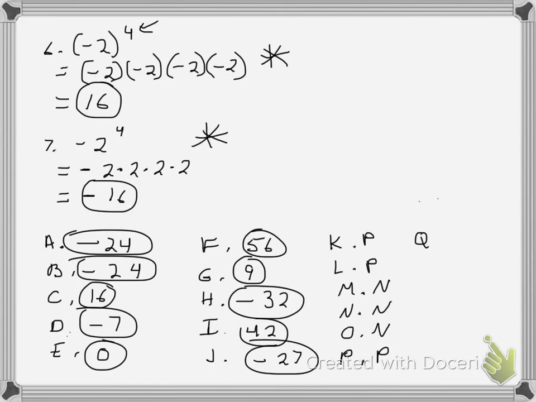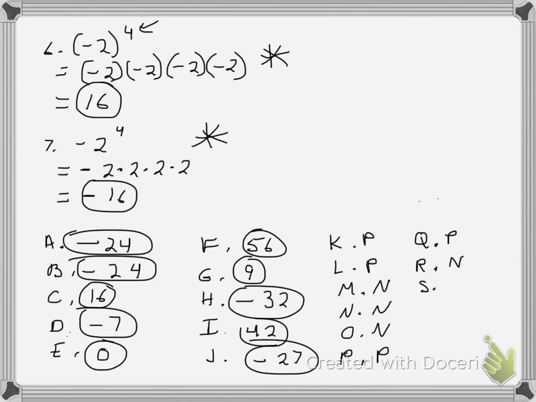That's going to be an even number of negatives, so my answer will be positive. Be very careful with these next ones. Make sure you understand them. I've got an odd number of negatives. I've got a negative number cubed, so an odd number of negatives will be negative.